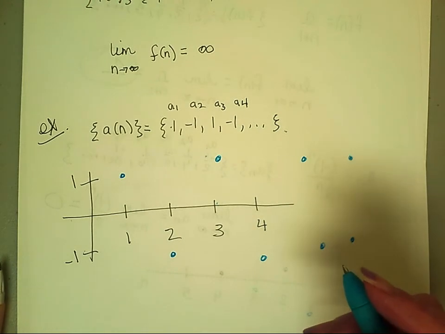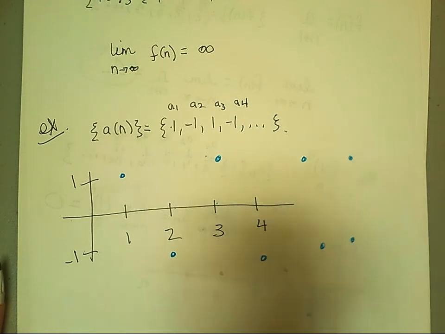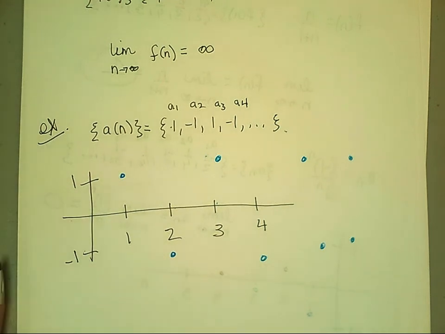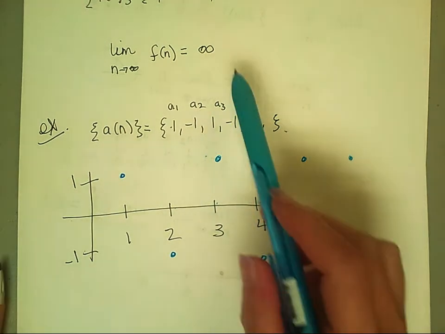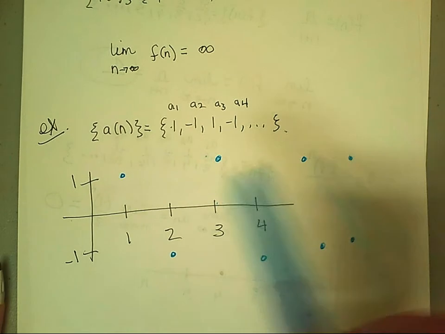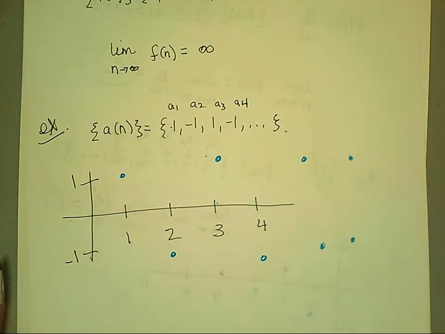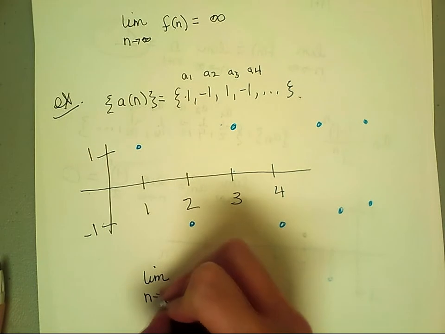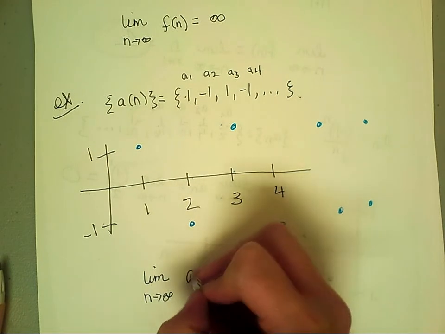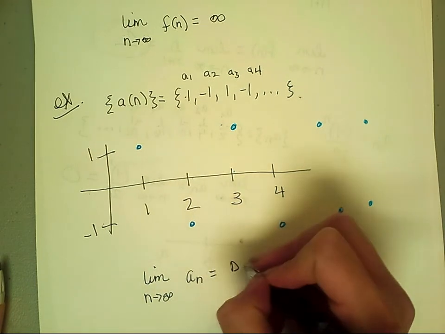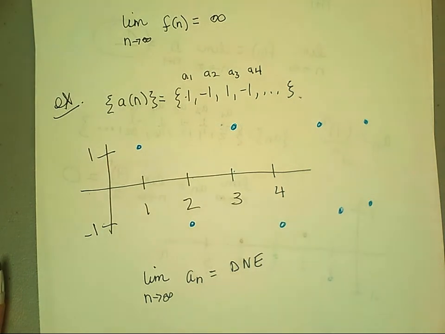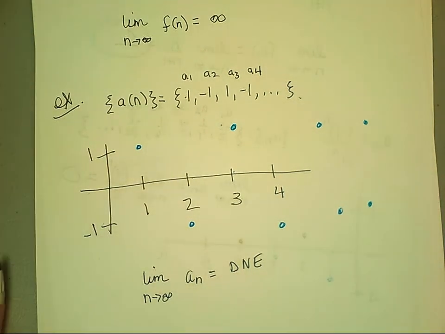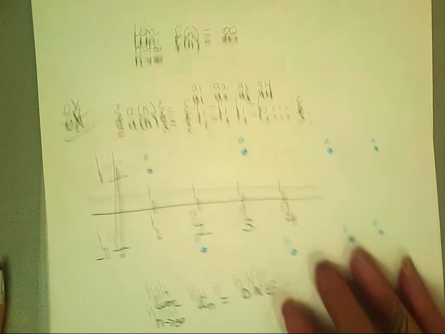So in this case, it does not increase without bound. So it's not that the limit is infinite, and there is no number. In this case, we will just say that the limit as n goes to infinity of a sub n does not exist.